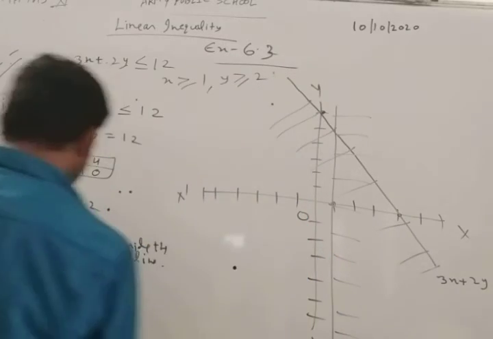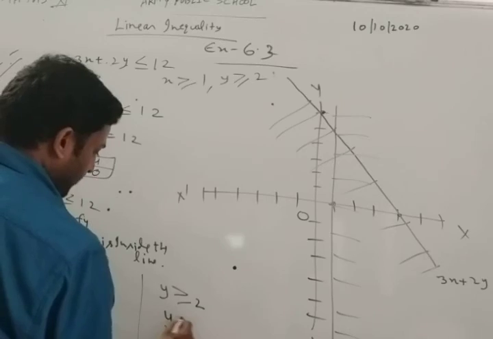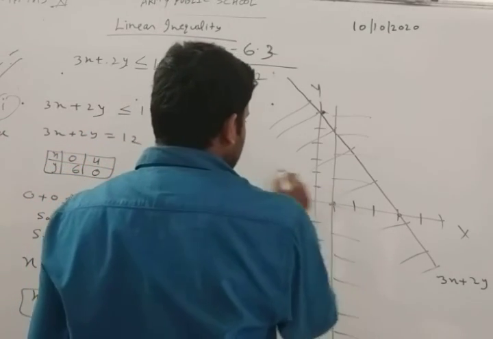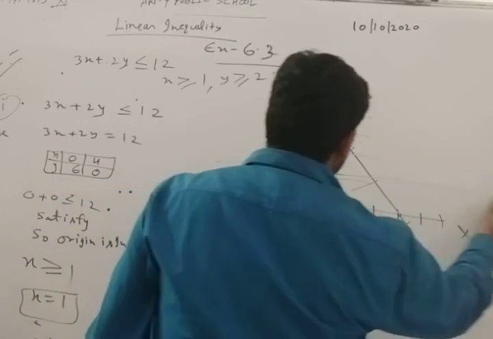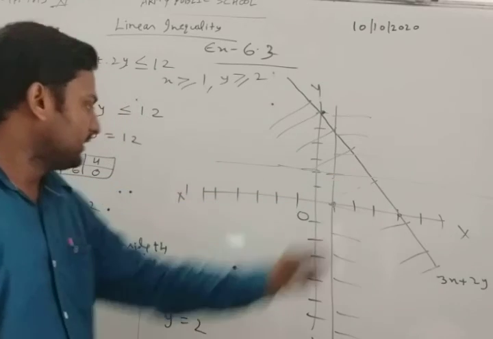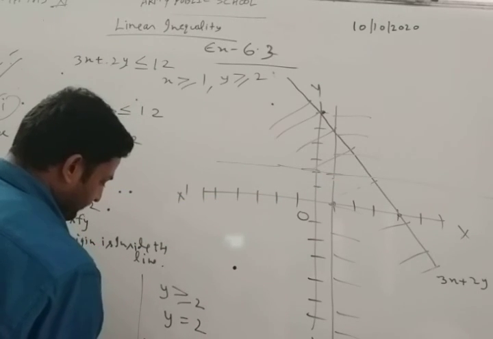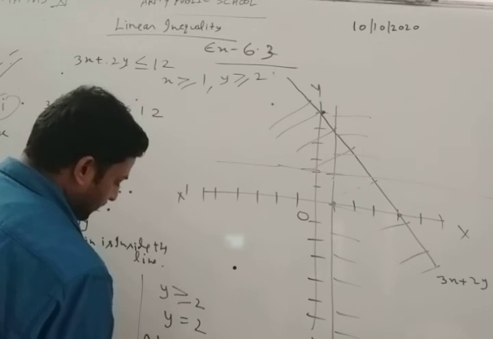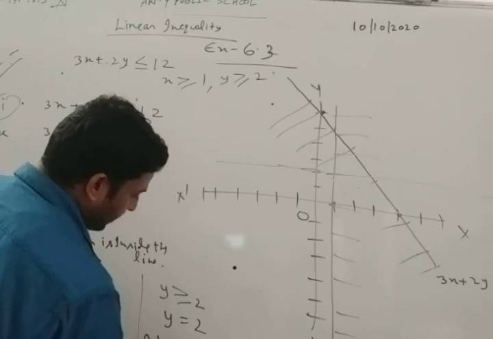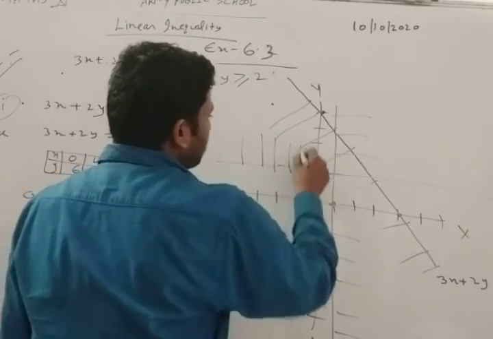Now take y is greater than 2. y is equal to 2, which is parallel to the x axis. Put y is equal to 0. So greater than 2, not satisfied. Again, so it is above this region.